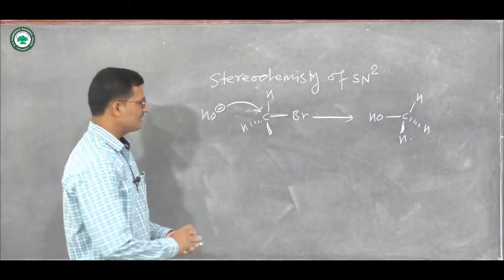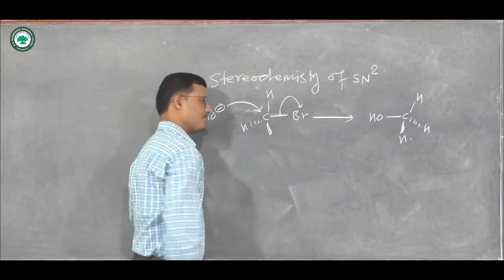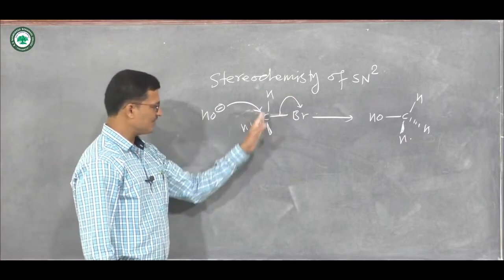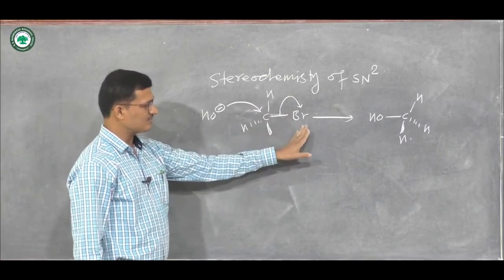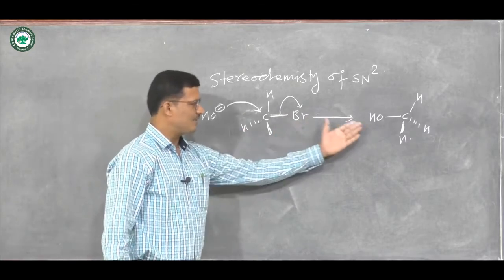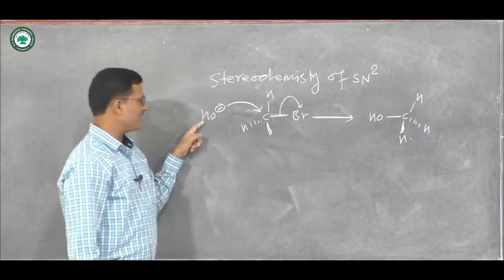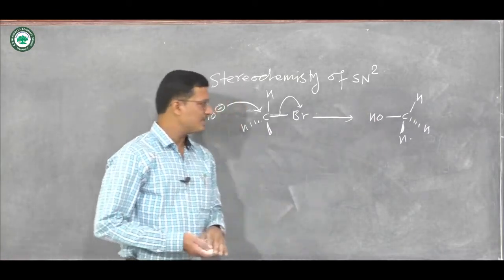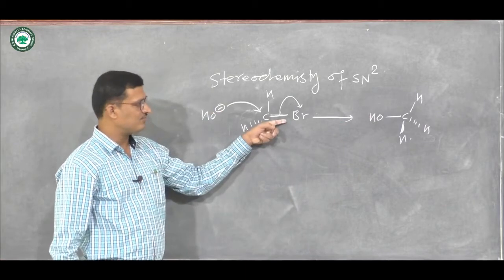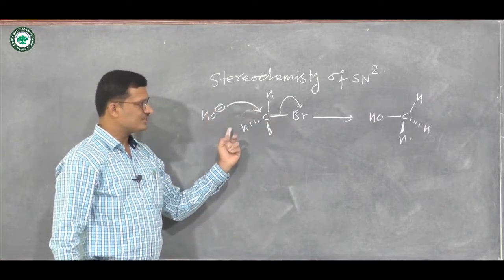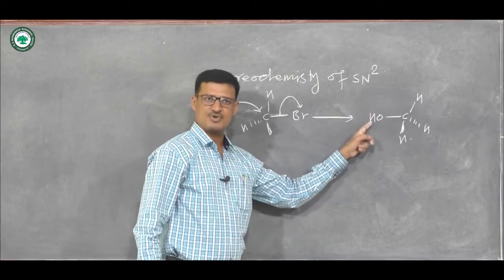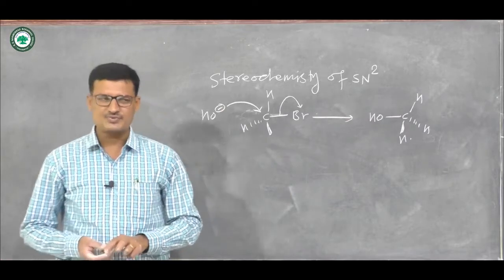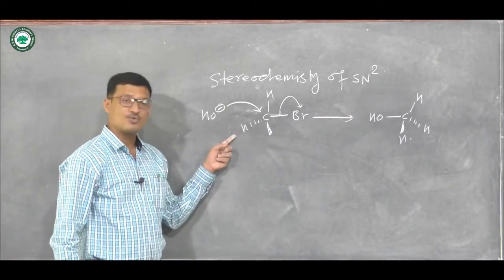And when we see the position of the leaving group and the position of the nucleophile in the product, in the reactant or substrate the leaving group is on the right hand side, and in the product the nucleophile goes to the opposite side of the leaving group. So the nucleophile is attached opposite to the position of the leaving group. That's why, in the stereochemistry of the SN2 reaction, there is an inversion of configuration.